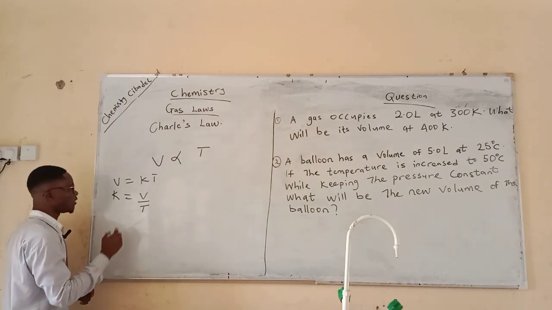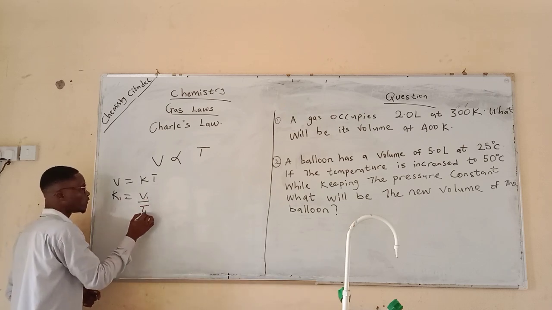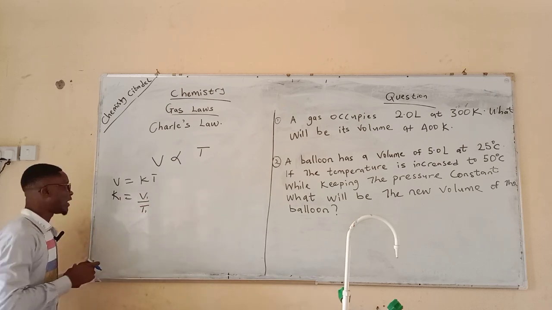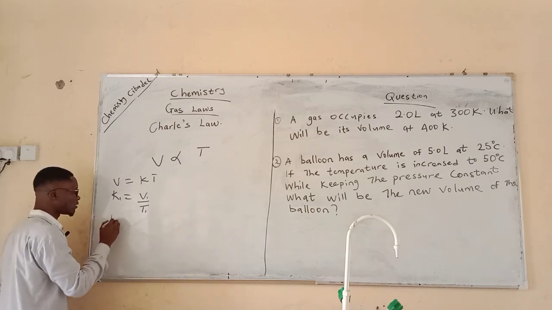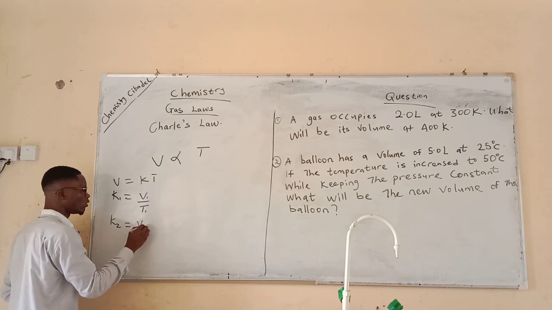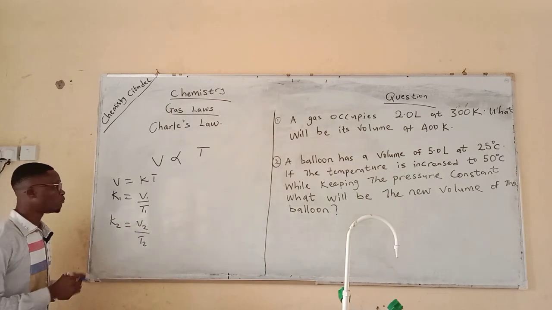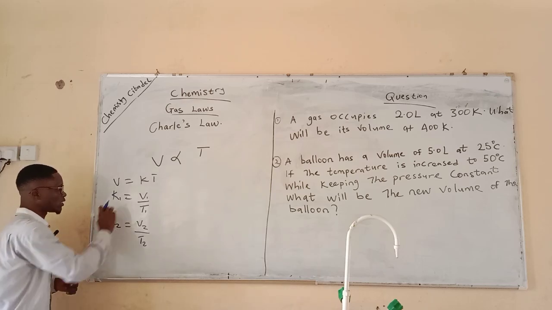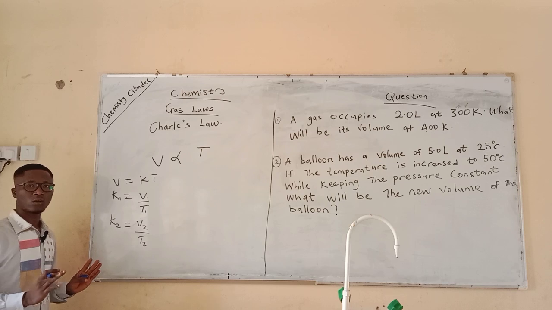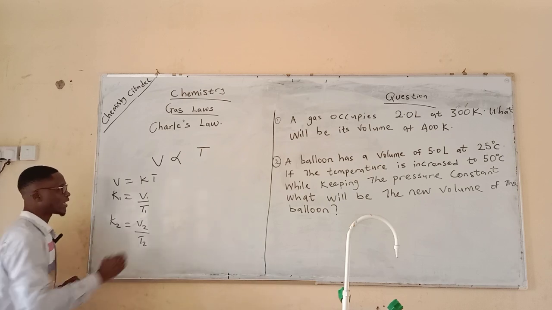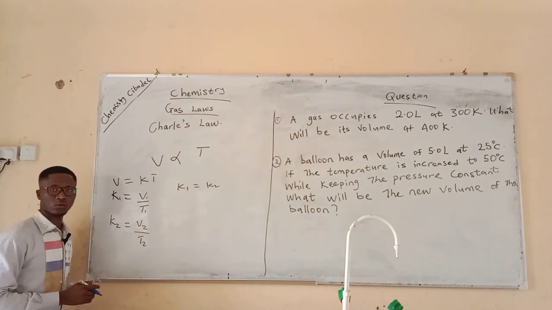Since I said initial and final, let's say this is my K1, V1 over T1. And then the second state or the final state of the gas will now be K2, V2 over T2. But note that the constants of the gases are always equal. Since they are always equal, I can say that my K1 is equal to K2.